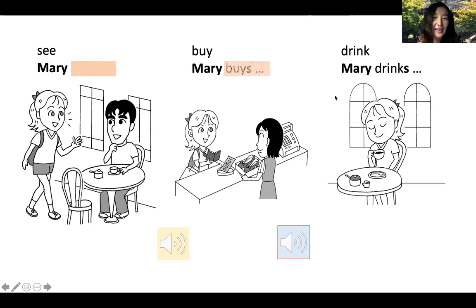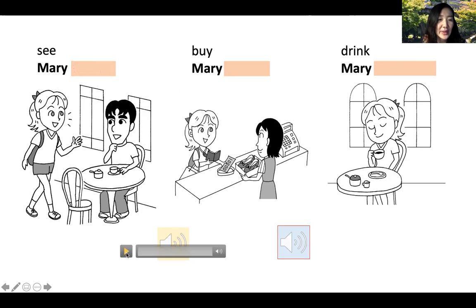So in this one, the students practice the subject-verb agreement, right? Now, you can go a little faster.